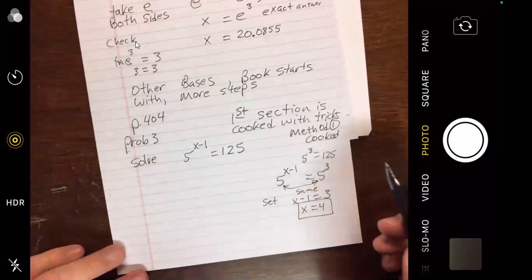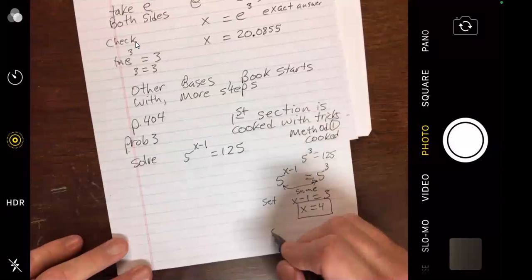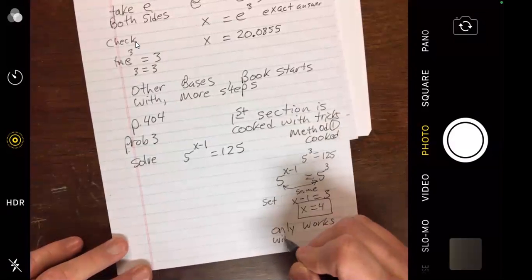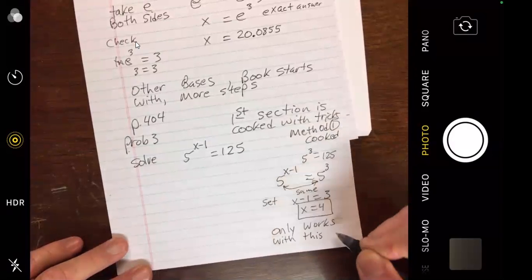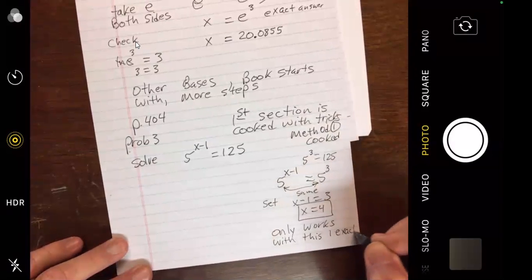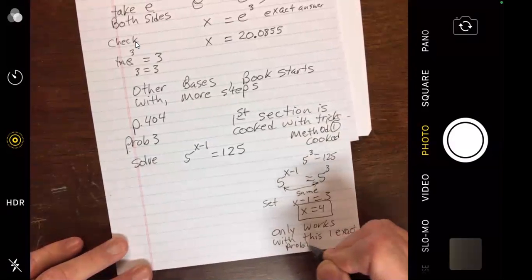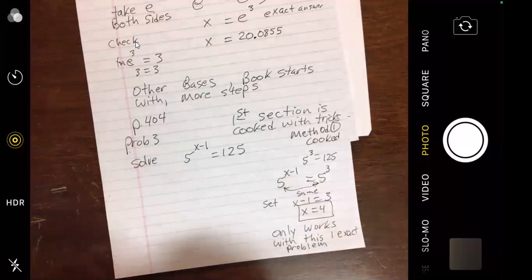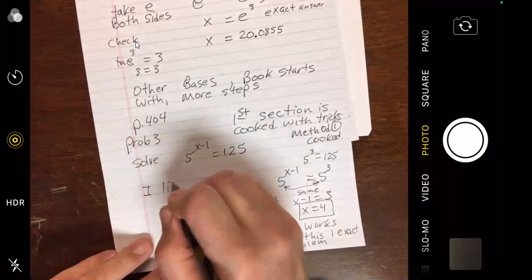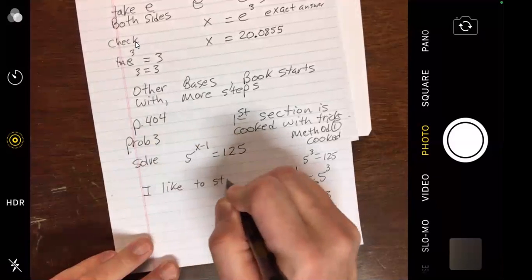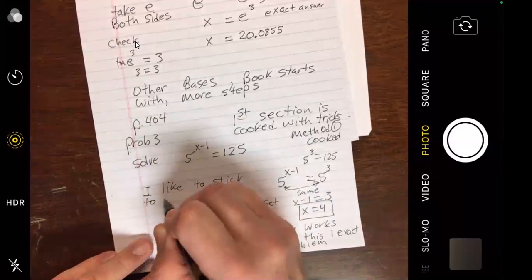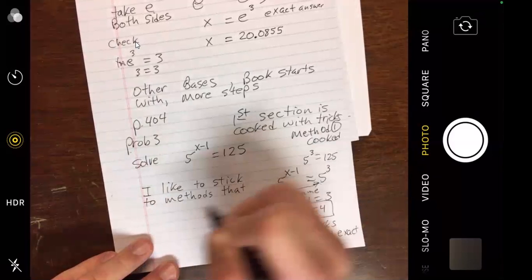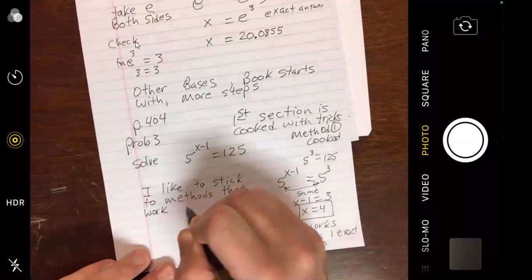The only problem is it only works with this one exact problem. So I don't like this. I like to stick to methods that work every time.